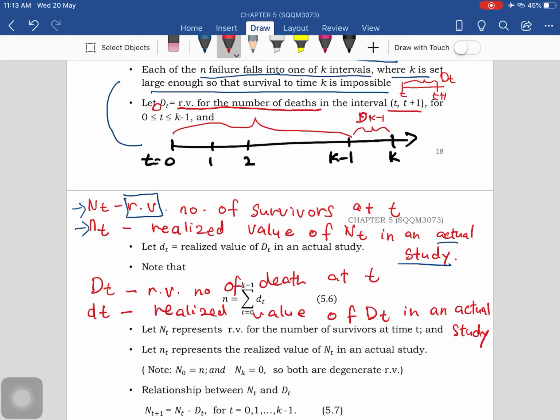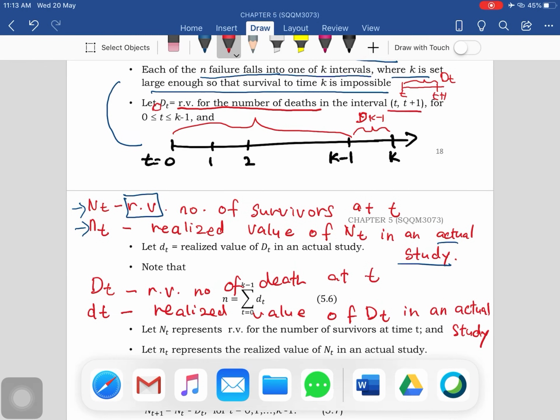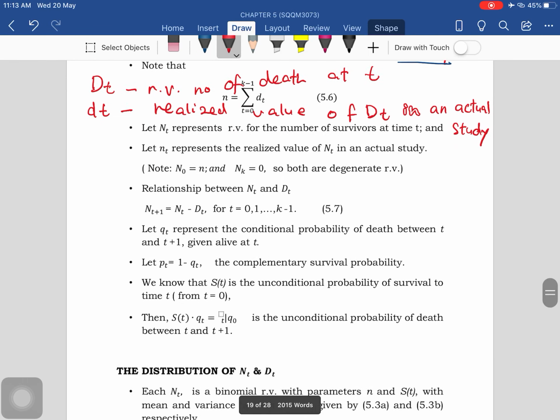So that's the difference between big NT and small nt, as well as big DT and small dt.